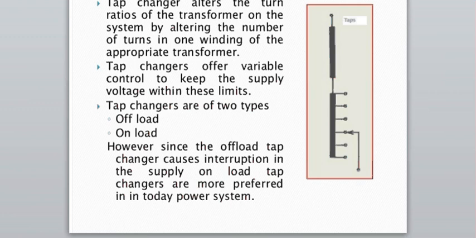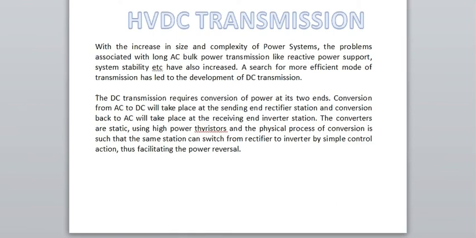Next is HVDC transmission. If you want to transfer a bulk amount of power over long distances, we use high voltage DC transmission. Compared to this, AC transmission has losses, voltage drop and reactive power.